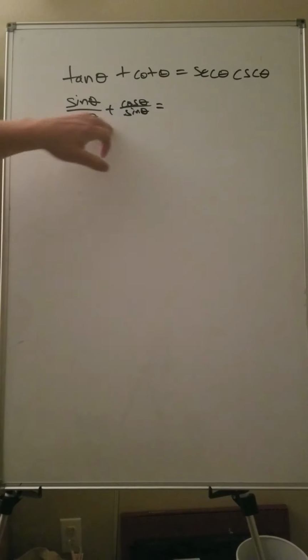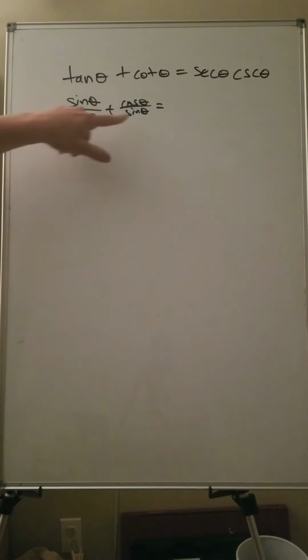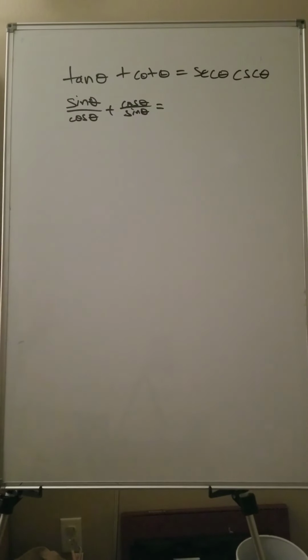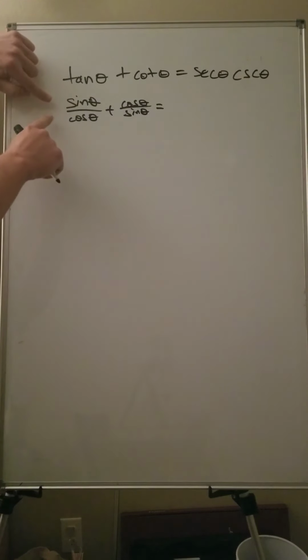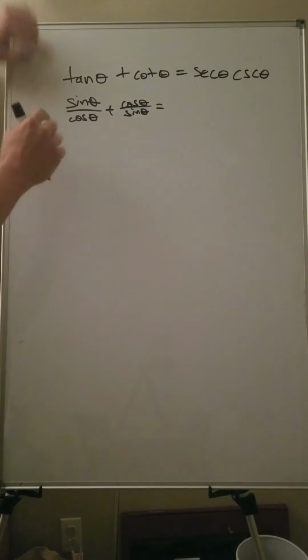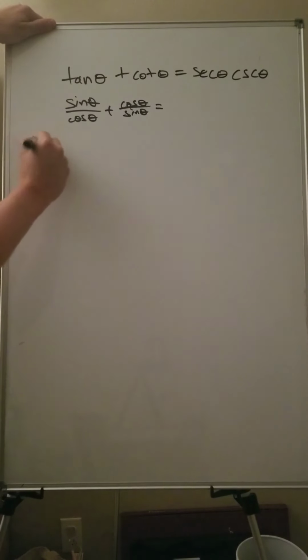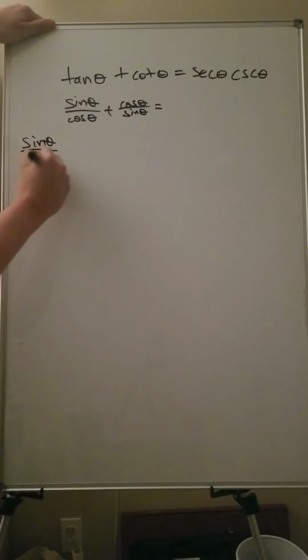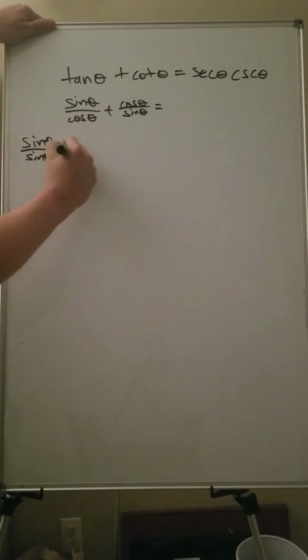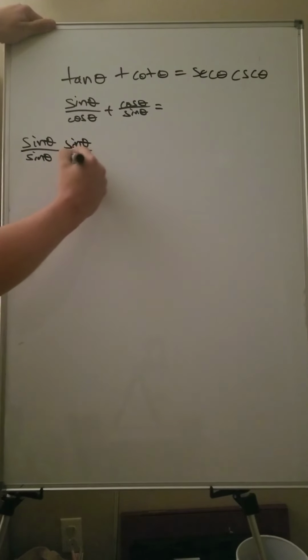So now I have a fraction plus a fraction. Well, if I have a fraction plus a fraction, I simply need to make common denominators. I have cosine here and I have sine there, so clearly the common denominator is simply cosine times sine. So this fraction here needs a factor of sine theta over sine theta, so I would get sine theta over sine theta times the sine theta over cosine theta that was already there.